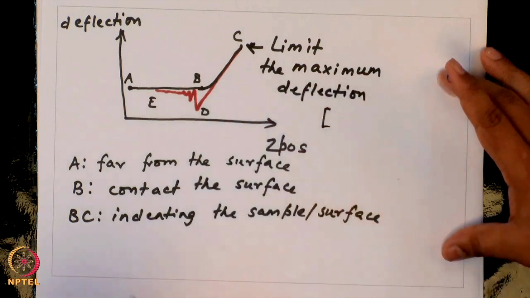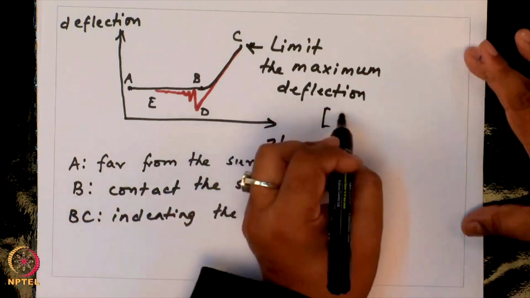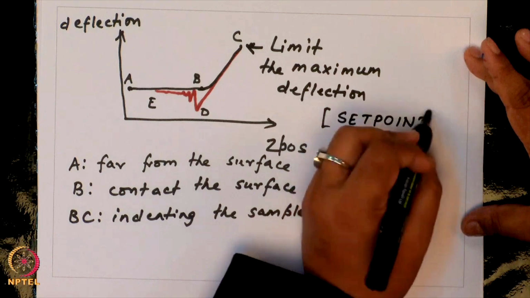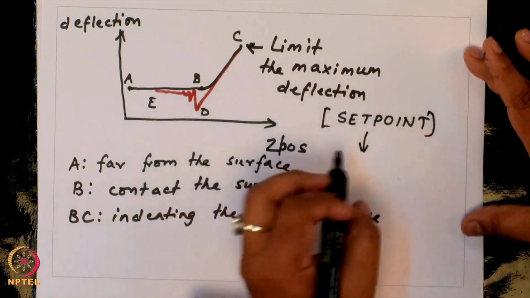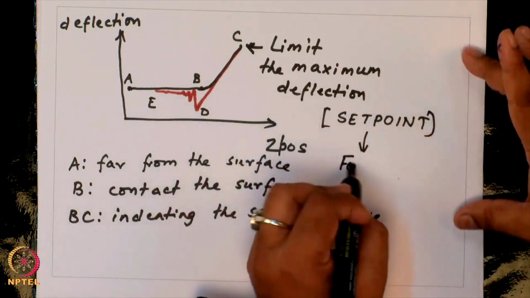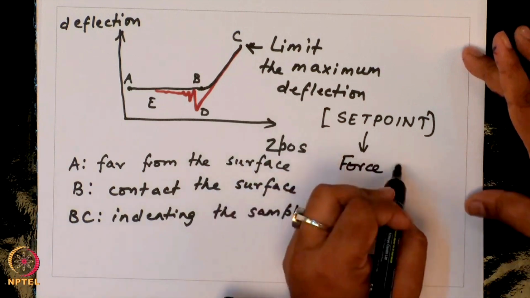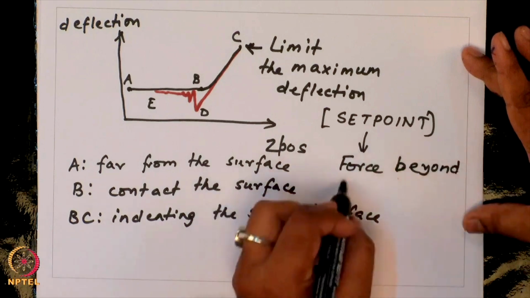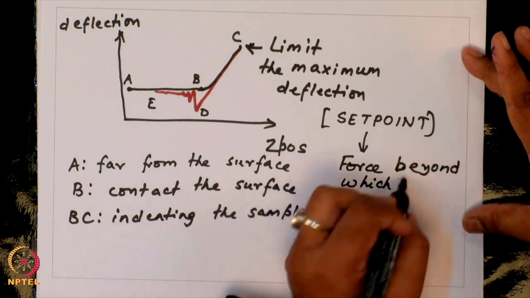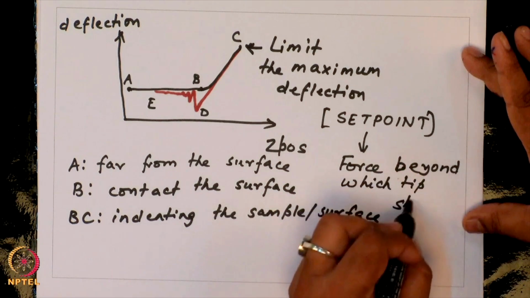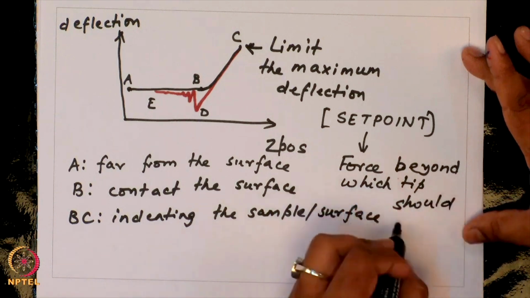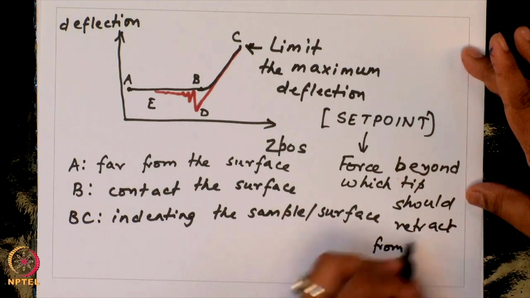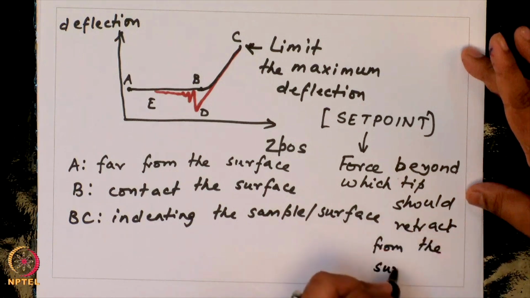In AFM jargon it is called the set point. The set point is nothing but the maximum force beyond which the tip should retract from the surface.